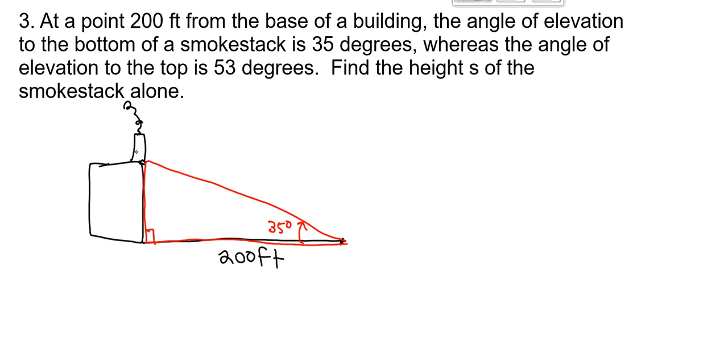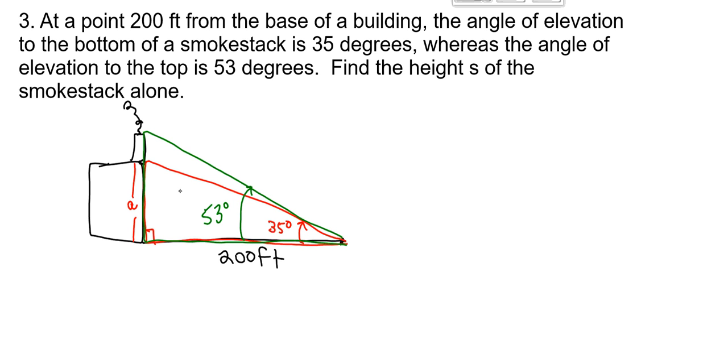And this is going to be the height of the building. I'm going to call it A. I don't know what it is, but I feel like I'm going to have to figure it out, because then the other part I have is to the top of the smokestack. There we go. To the top of the smokestack, I get this picture. This angle is 53 degrees.